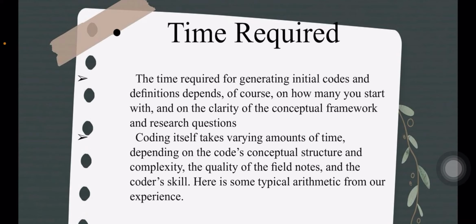Coding itself takes varying amounts of time depending on the code's conceptual structure and complexity, the quality of the field notes, and the coder's skill. Here is some typical arithmetic from our experience.